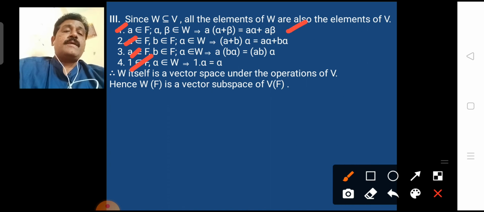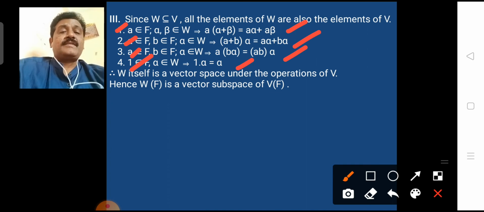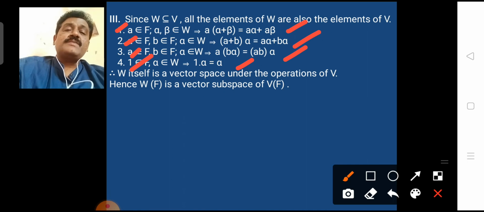A plus B into alpha equals A alpha plus B alpha. A into B alpha equals AB into alpha. 1 into alpha equals alpha. From these three properties, we conclude that W itself is a vector space under the operations on V. Hence, W is a subspace of V.